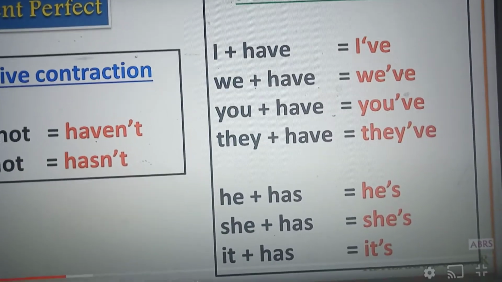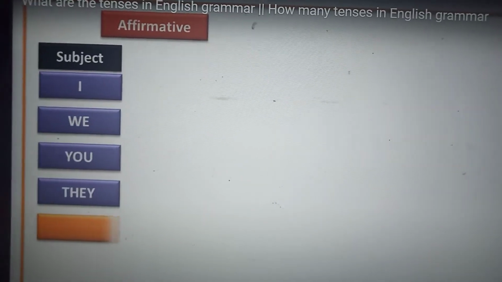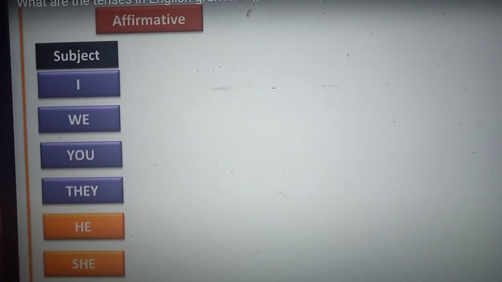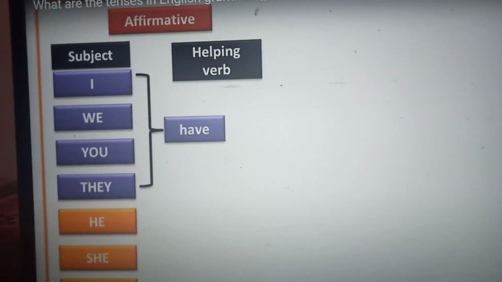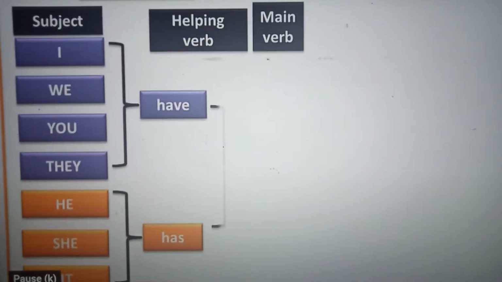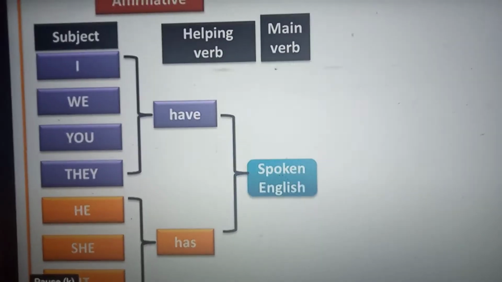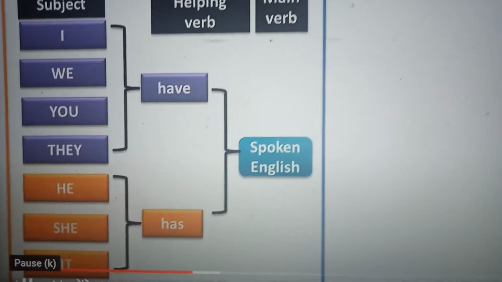He has, she has, it has. I plus helping verb have. We have. You have. They have. Spoken English. He has spoken English. She has spoken. It has spoken.